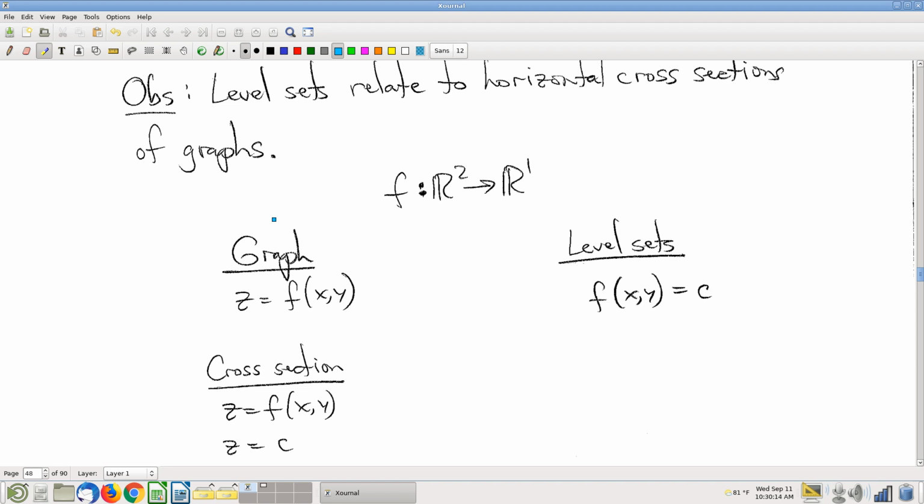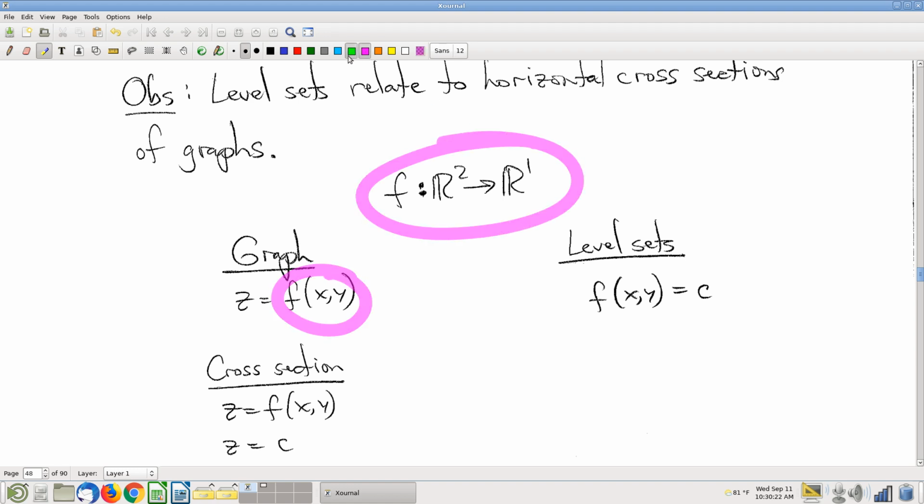So, reminder, if you have a multivariable function, let me use a different color. Let me use purple. You have a multivariable function. A graph of that function is what you get when you set that function equal to a new variable, like we've used z here, and then you draw the solution set to that resulting equation of, in this case, 3 variables. Same function now.